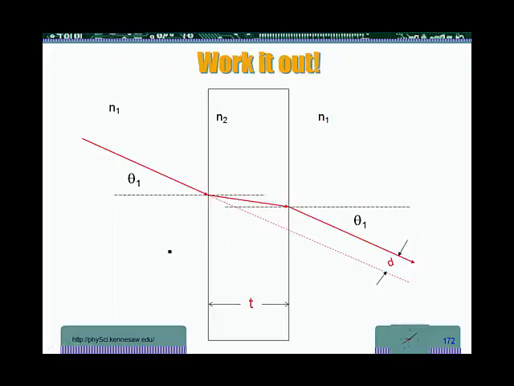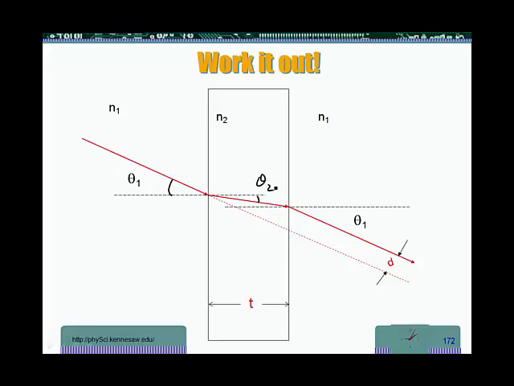Okay, let's look at this. First, let's consider what's going to happen at the first interface. At the first interface, this is my angle of incidence theta sub 1. This is my angle of refraction, let's call it theta sub 2.